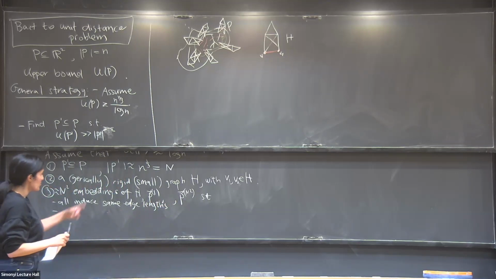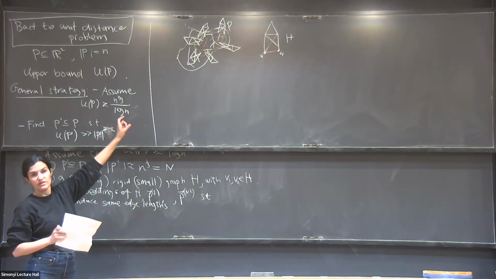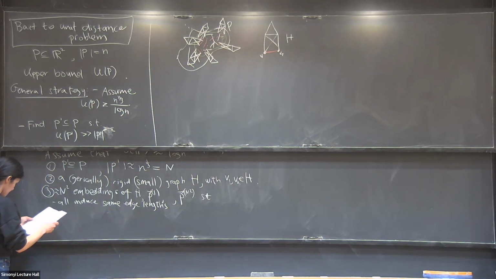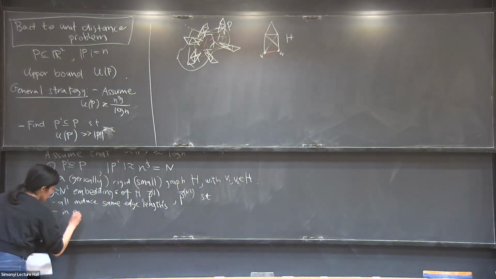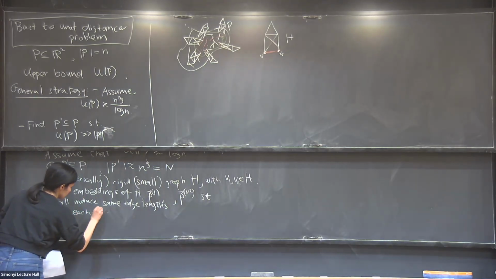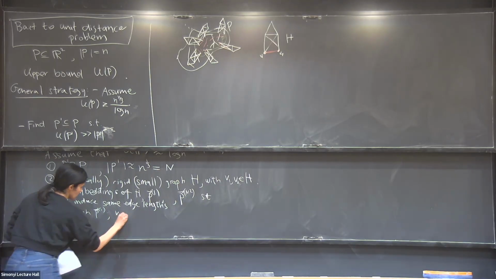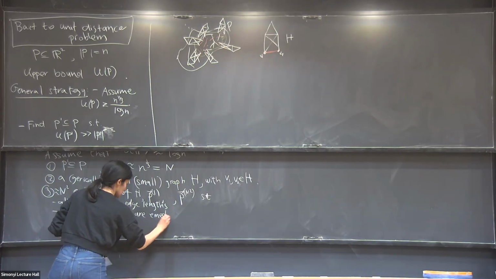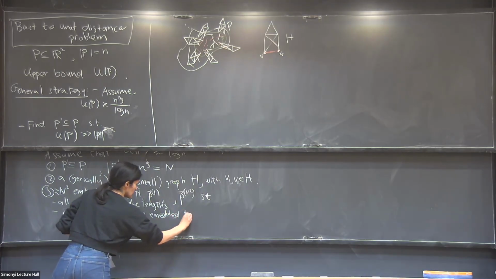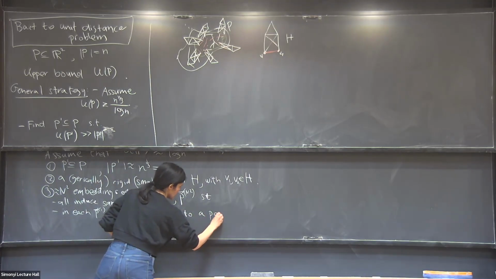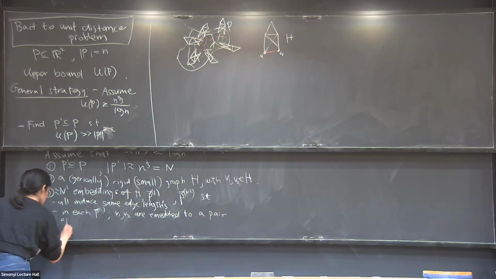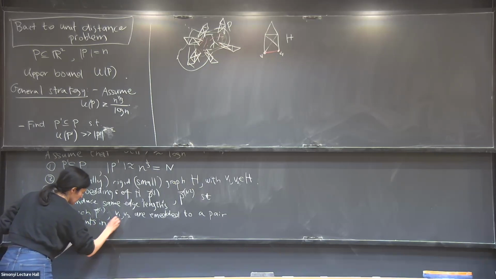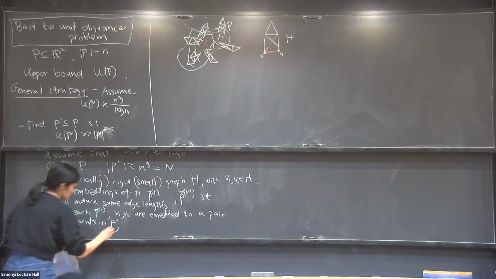And they all map V1, V2 to a distinct pair of points inside P prime. So each V1, V2 is embedded, and these pairs are distinct.